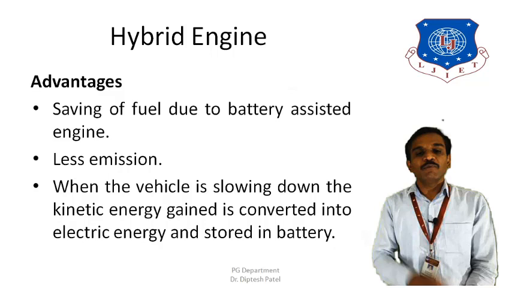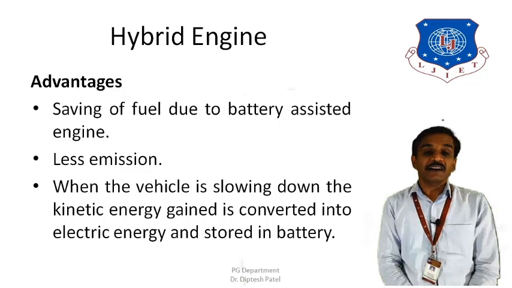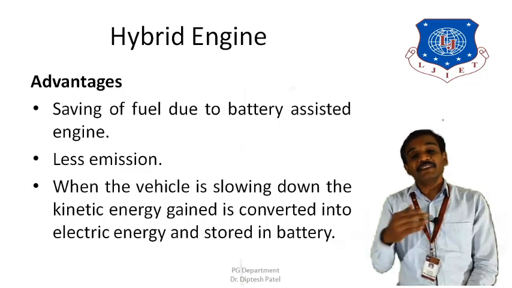Second, less emission. As you can see, the fuel consumption is reduced, the emission is also reduced, and the overall emission is greatly reduced, in a smaller quantity as compared to the conventional IC engine. And this battery does not need to be recharged at every instant.